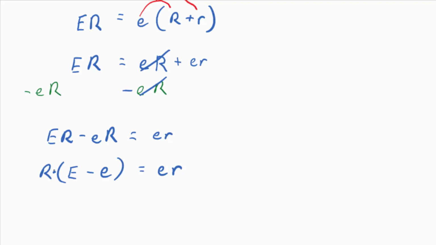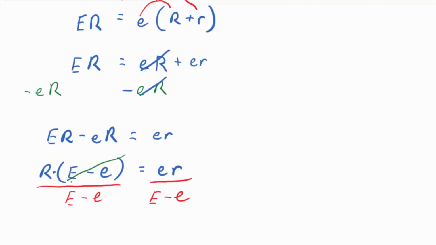So R, capital R on the left side, is connected to the quantity E minus e by what operation? Multiplication. How do we get it to the other side? Divide. We reverse that operation by division. We balance it out by dividing both sides by the same thing. That's the balance principle. So we've got it.